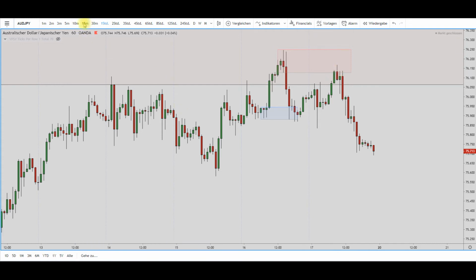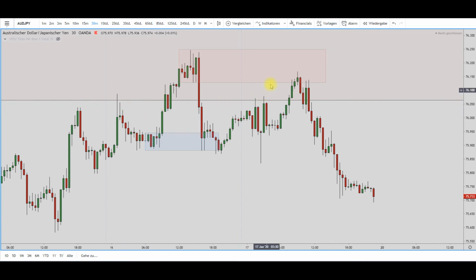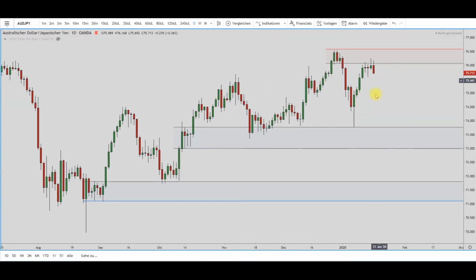I actually took it from the 30-minute chart, and I'm still holding that position, expecting the market to get further down, maybe even go back to demand, who knows.